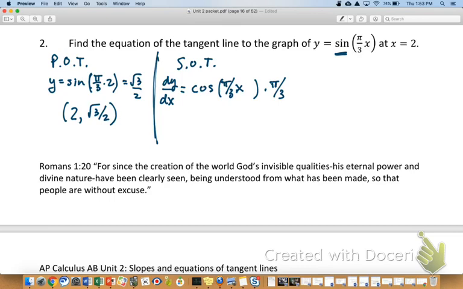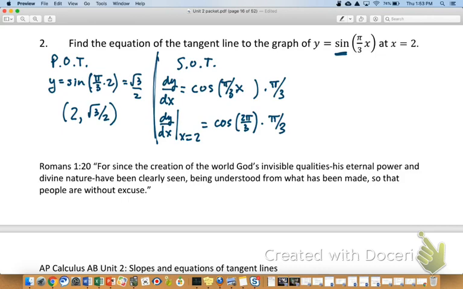What's the final step before I actually have my official slope of the tangent line? Plug in at x equals 2. Plug in the 2. That's right. So dy/dx at x equals 2 is going to give me cosine of 2 pi over 3 times pi over 3. What's the cosine of 2 pi over 3? Negative 1/2.